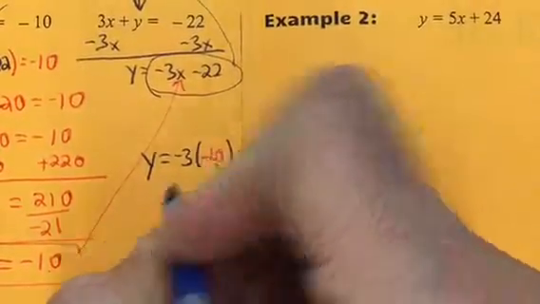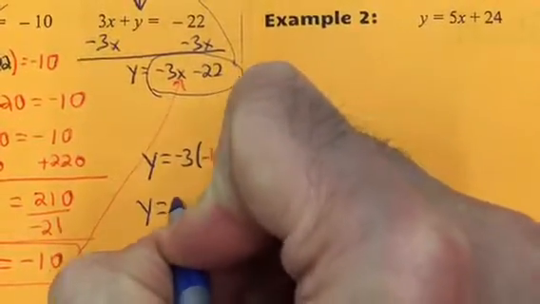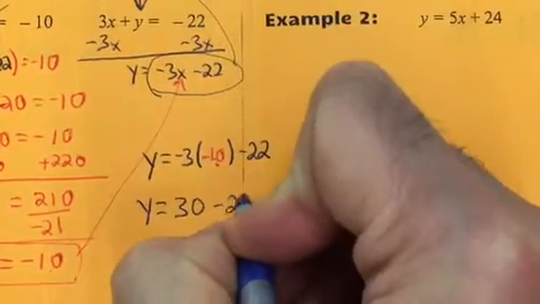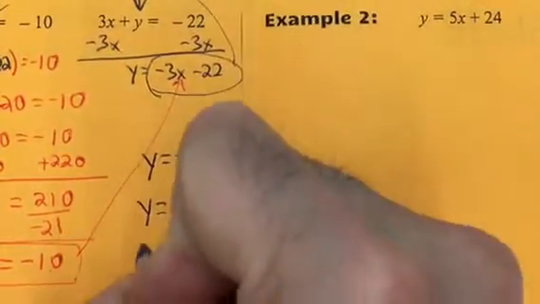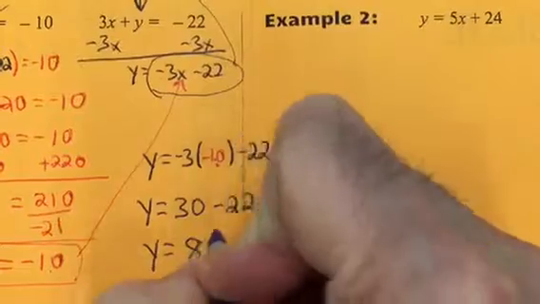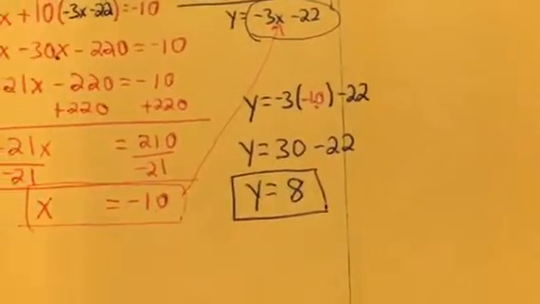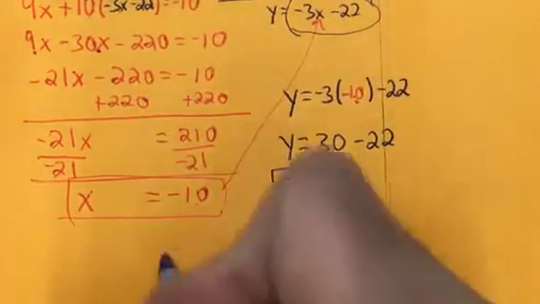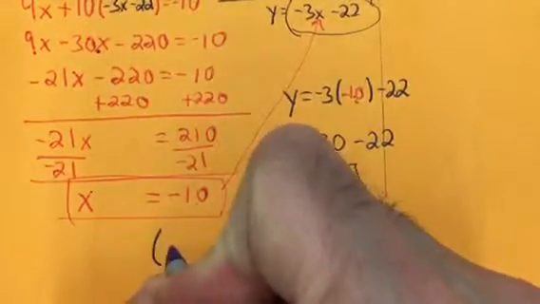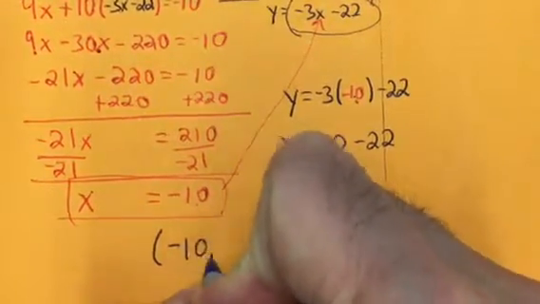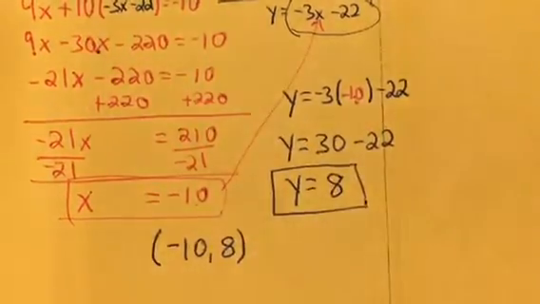Negative 3 times negative 10. Y equals 30 minus 22. Well, y equals 8. I got my 2 answers. They're going to make an ordered pair. X always comes first. Negative 10, comma, 8.